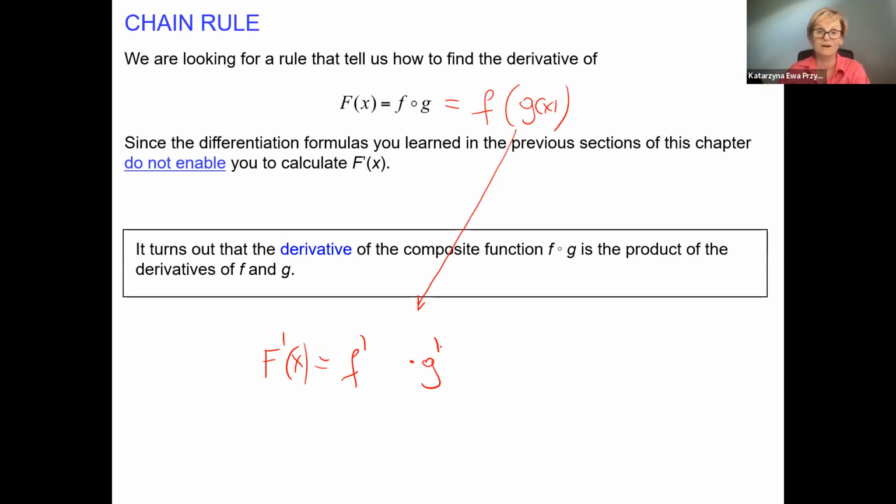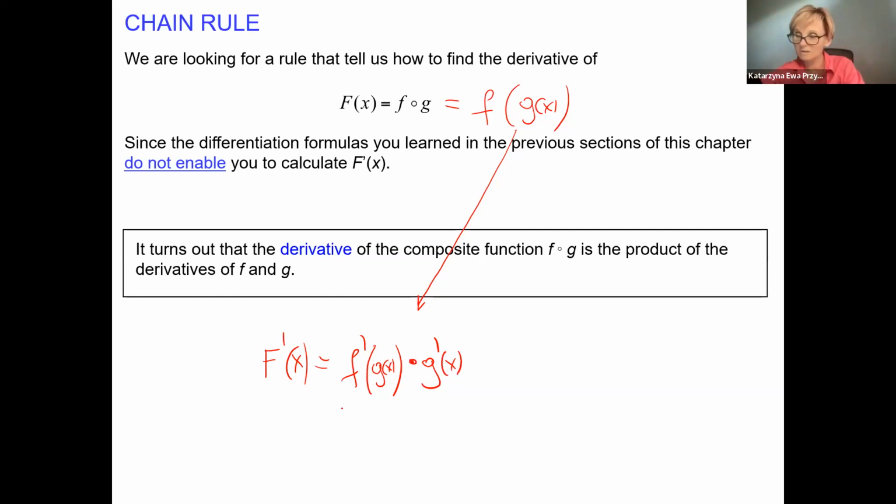We have to identify the derivative of the outer function times the derivative of the inner function. However, the outer function will still depend on the identical inner function. This is sometimes a little bit challenging or confusing, but when we practice, it's nice and clear. The inner function just depends on x.